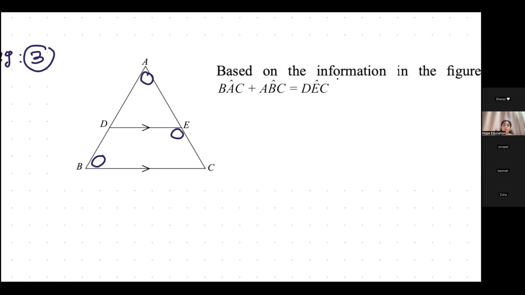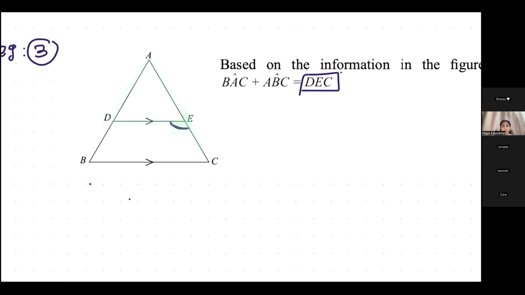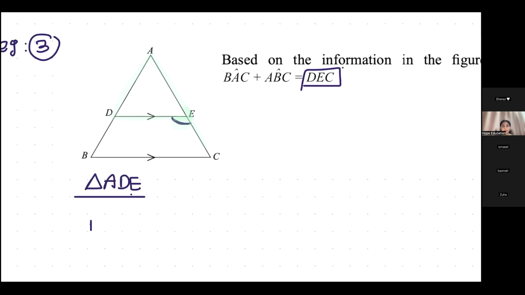Okay, we'll see now. First of all, we can see that we have DEC here, right? So DEC is this angle. If you consider the triangle ADE, we can see that DEC is the exterior angle. In the triangle ADE, the angle DEC is equal to the sum of interior opposite angles.